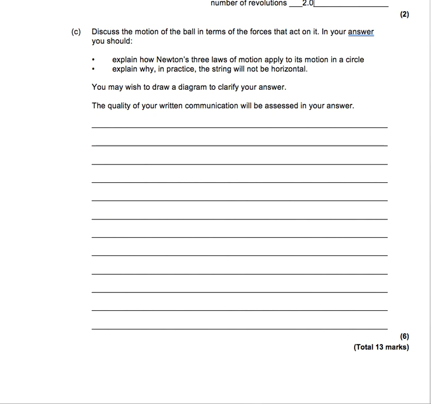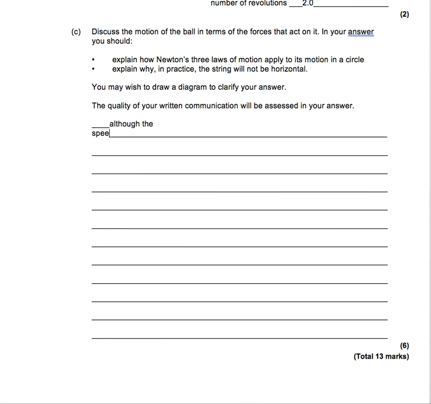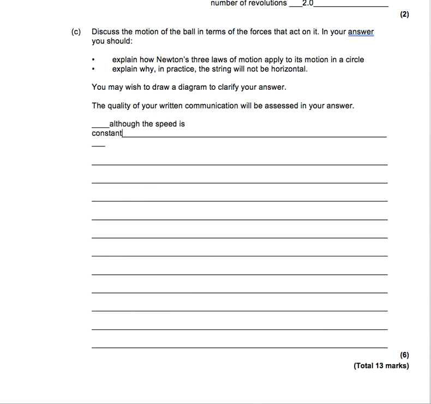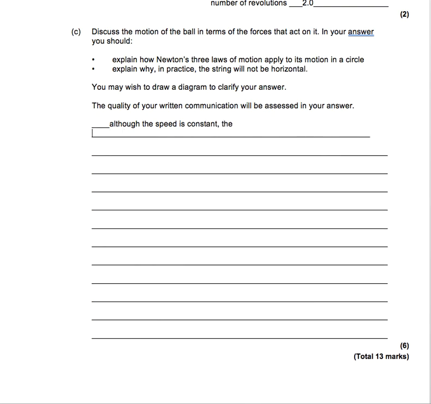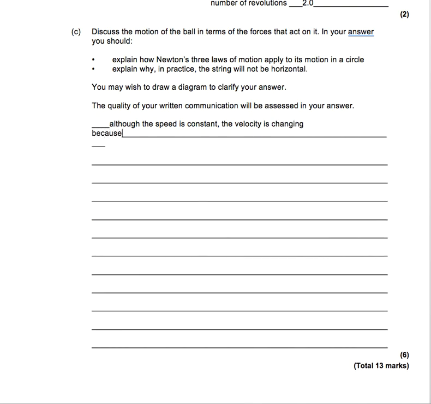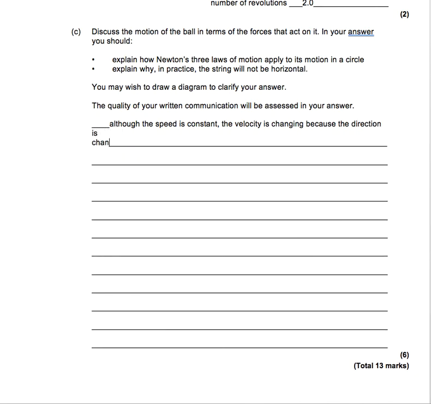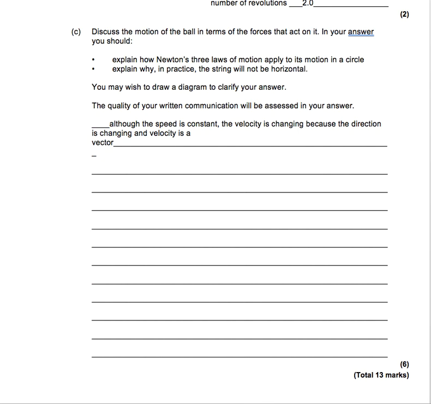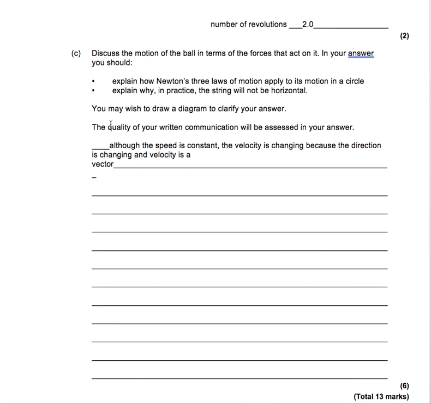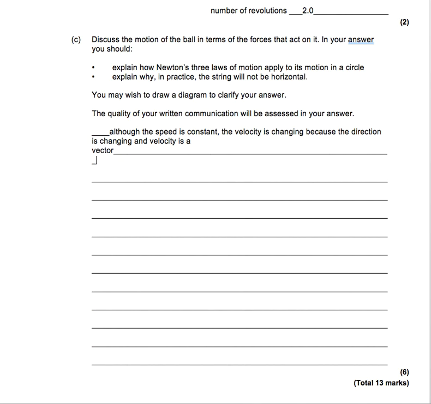So, I would say that although the speed is constant, the velocity is changing because the direction is changing and velocity is a vector. You're pretty much always going to say something like that in a circular motion question.